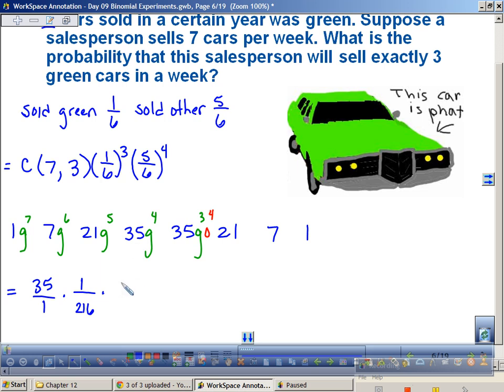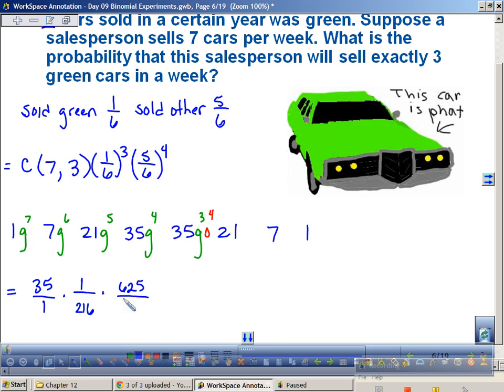What's 5 to the 4th? That would be 25 squared, 625. Yes. Over 6 to the 4th.